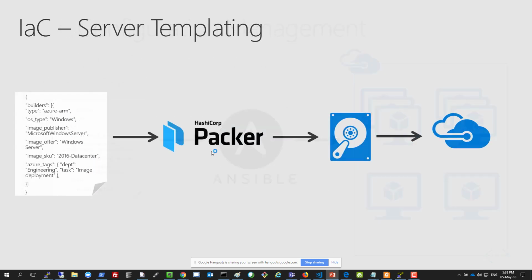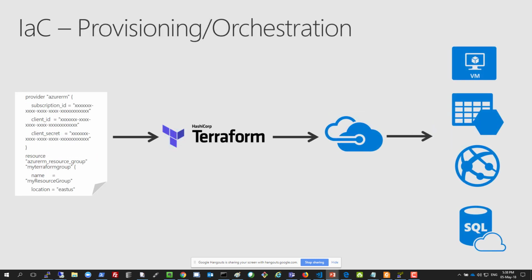So we've talked about configuration management and server templating. All of this falls under the category of infrastructure as code, so that now you understand where things lie. Then there's another category, which is provisioning and orchestration. Here we're talking about tools like the Azure ARM template, CloudFormation, and Terraform.